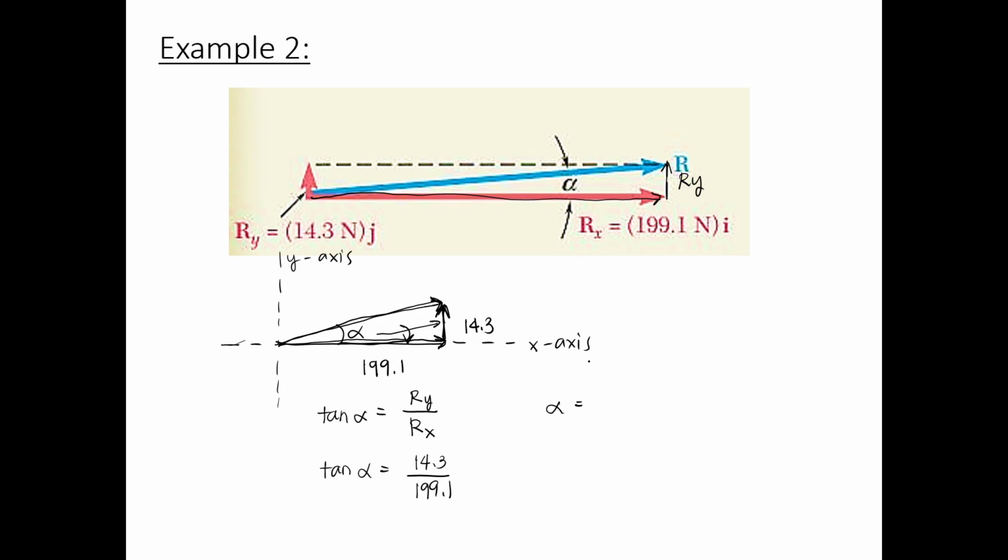So angle alpha is, by using your calculator, obviously, it's easier to use a calculator, 4.11 degrees from the x-axis. Okay, so that's the direction of your resultant force from the x-axis. Take note that this one is from the x-axis.